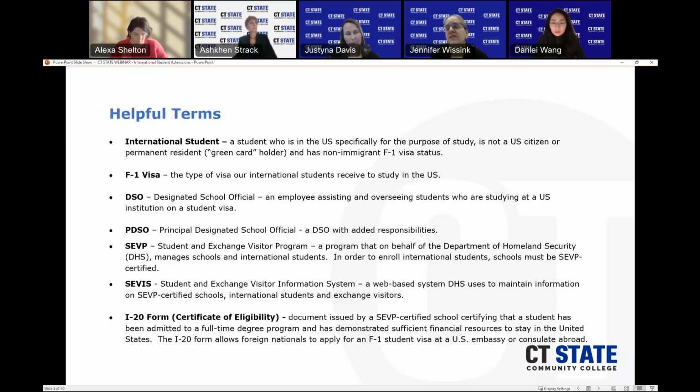That designation allows us to sign and issue their immigration documents and otherwise advise them about their legal status in regards to the student visa. A PDSO, the principal designated school official, is a DSO with added responsibilities and things that they can do with our school's SEVP designation.